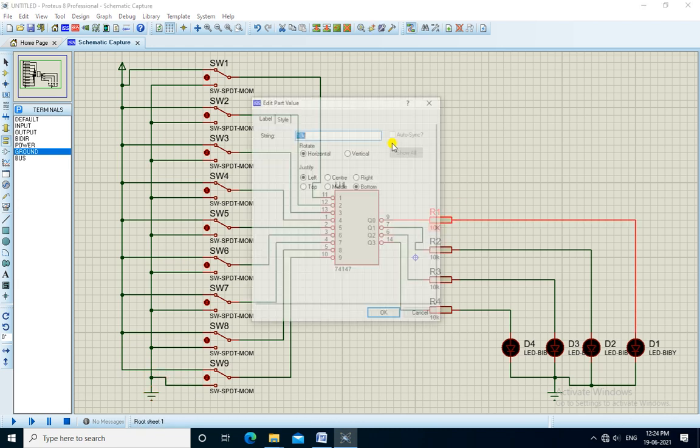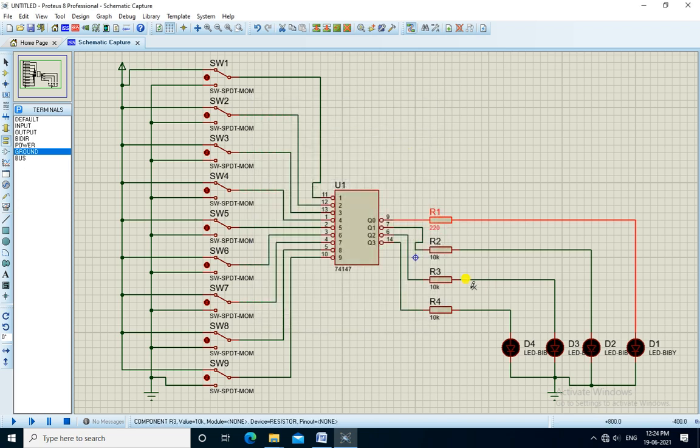We need to change the value of this resistor to 220 ohms.